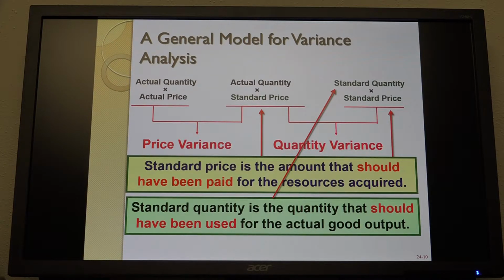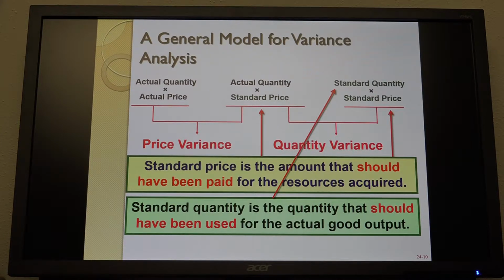To determine the price variance, this is kind of the long way of doing it: price variance is the difference between actual quantity times actual price versus actual quantity times standard price. The standard price is the amount that should have been paid for the resources acquired, and of course the actual price is what they paid.